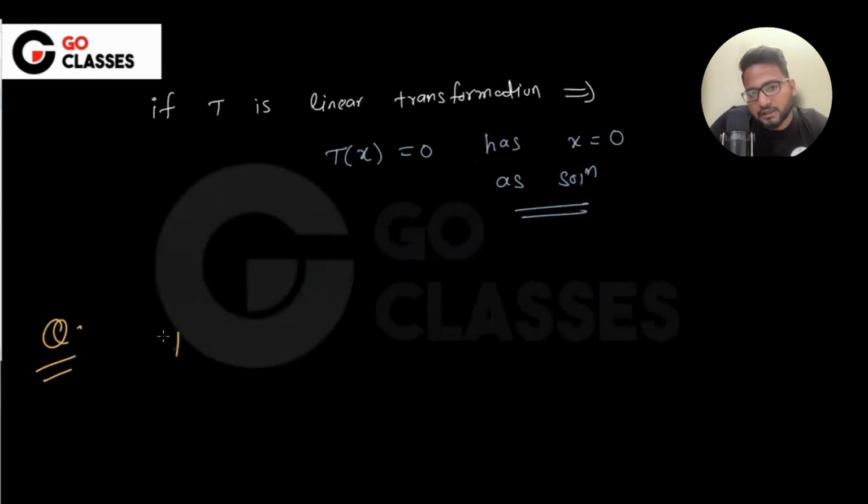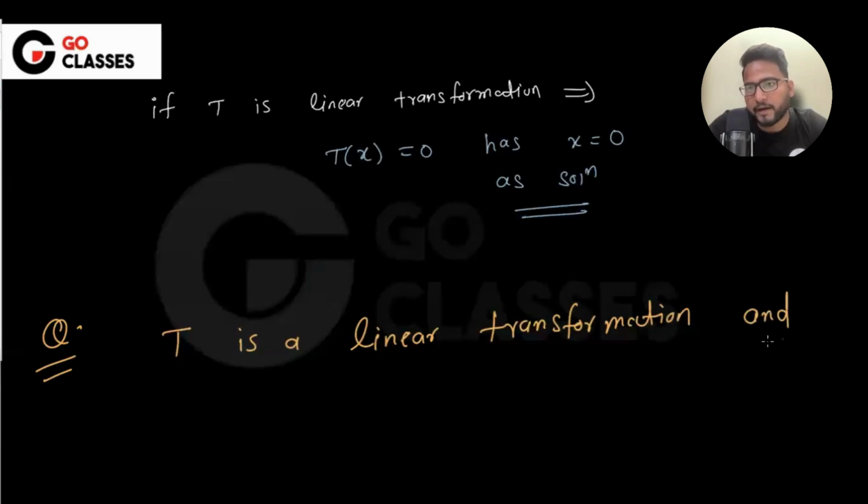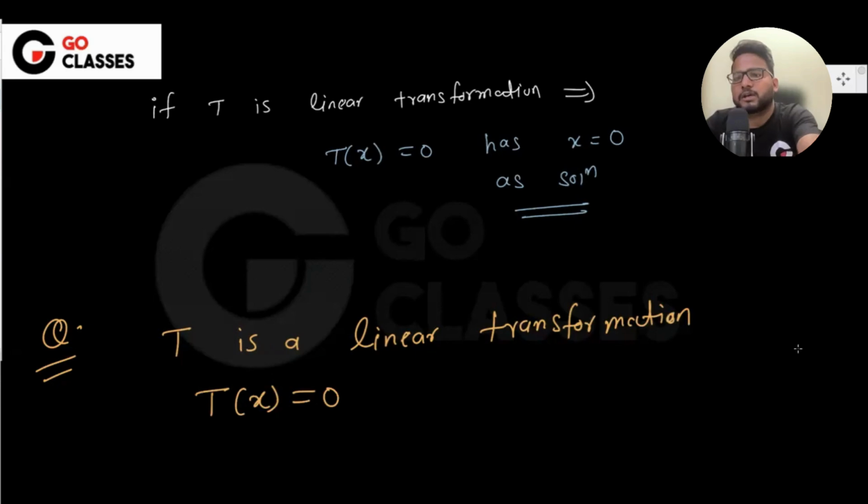Suppose they say that T is a linear transformation and T of x equal to 0. Then does this mean that x is always 0?